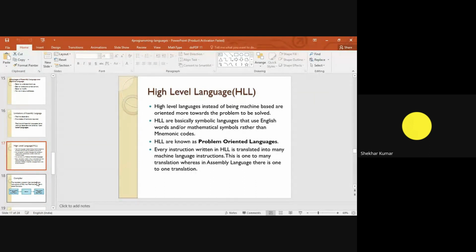These high level language instructions cannot be understood by the machine. So there is a requirement of software for conversion of high level language to machine level language. There is a requirement of translation. That software is called your compiler. The first high level language was written in 1950.